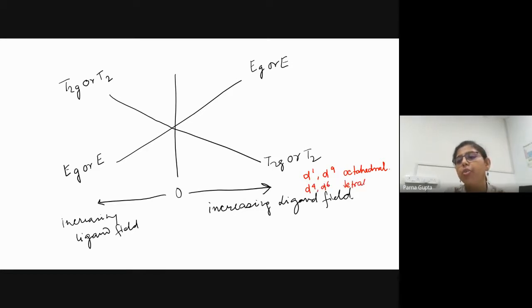So if you use the tetrahedral, then you will put t2, no 2g, no parity. And then here d1, d9 tetrahedral, and d4, d6 octahedral.